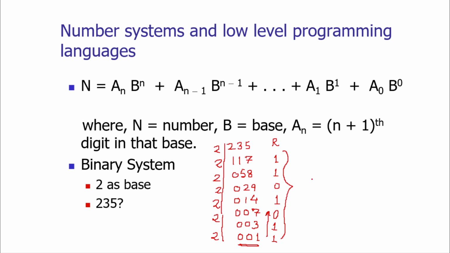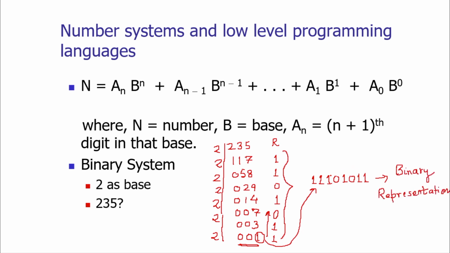So in the remainder column I will be starting from the bottom to the top: 1 1 0 1 0 1 1. So 1 1 1 0 1 0 1 1. So this is the binary representation.